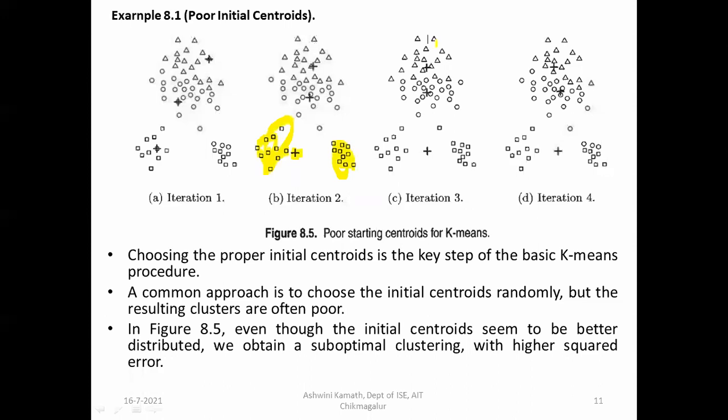Similarly, in the third iteration, there is not much change, but it has moved in between again. This is the fourth iteration: one centroid, another centroid, one more centroid. It looks better distributed, but it is suboptimal clustering.